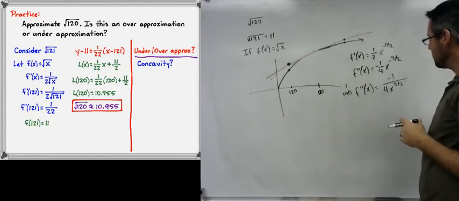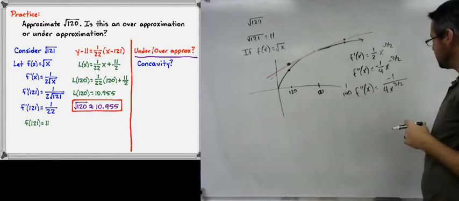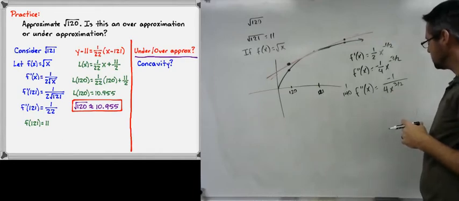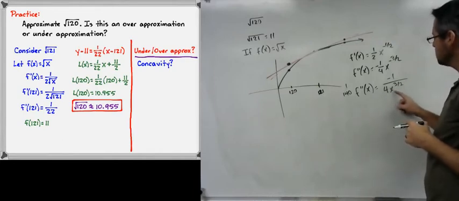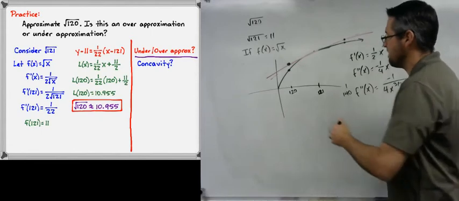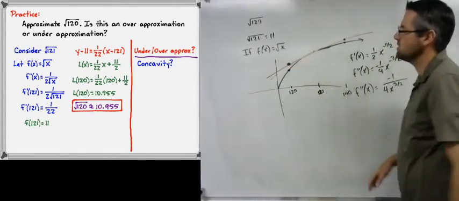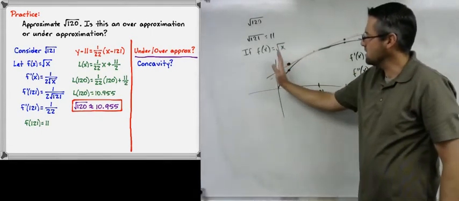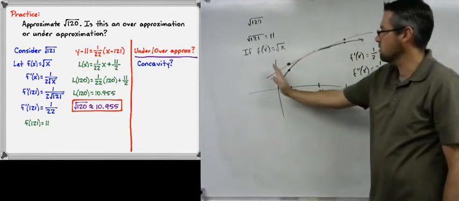Well, looking at concavity here, what do we see? This number on the bottom, no matter what I plug in the bottom, when we're talking about the domain of f of x, remember f of x is equal to rad x. That implies that the domain is all positive numbers, or from 0 to infinity.